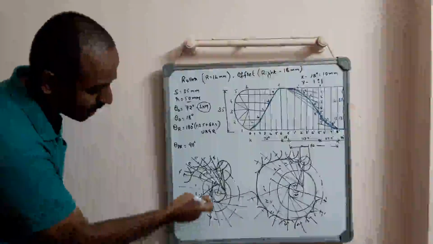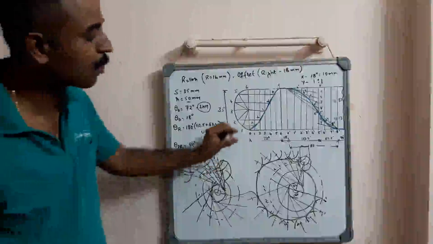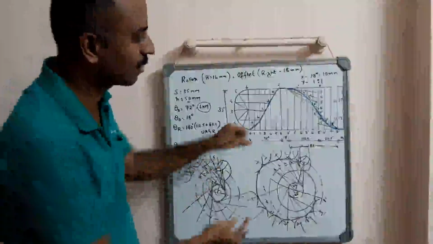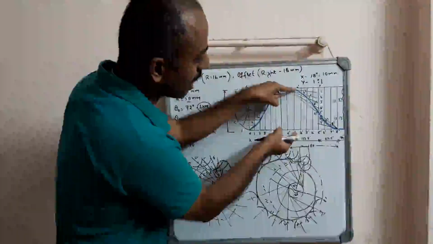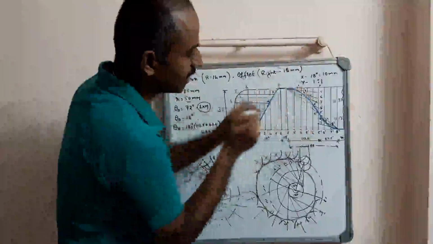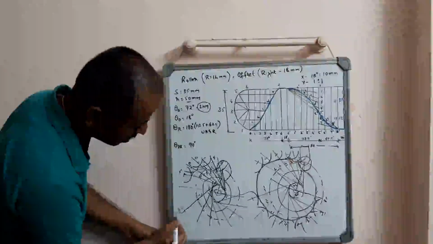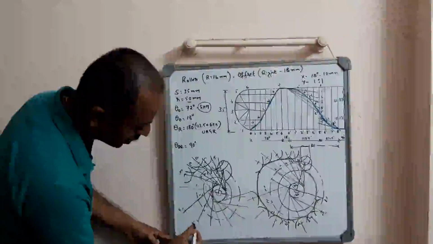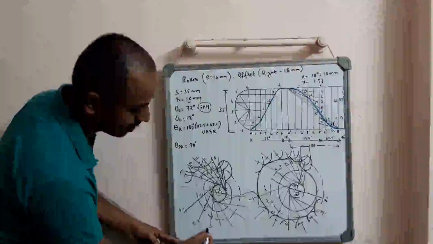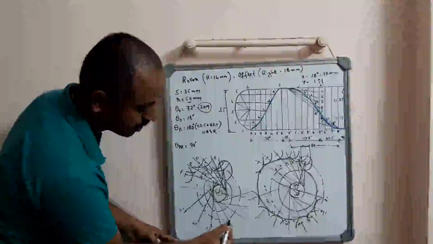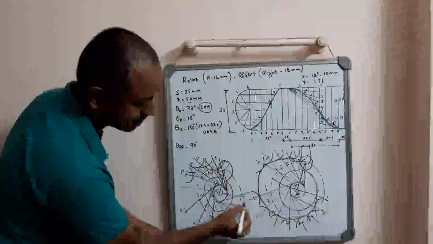Then on these tangent lines, transfer the corresponding distance from the displacement diagram. That is 1 dash A dash, 2 dash B dash, 3 dash C dash, and similarly onwards. So you will get the corresponding points like this.